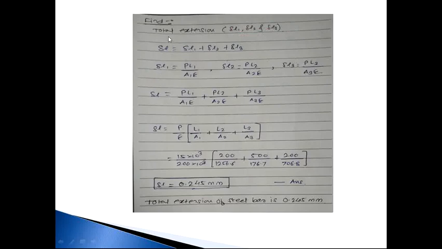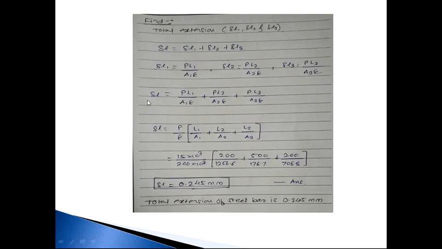Now I want to find the total extension, that is delta L. So I want to find delta L1, delta L2 and delta L3 for the total extension. So delta L is equal to delta L1 plus delta L2 plus delta L3, and we know the equation for delta L is PL upon AE. Delta L1 is PL1 upon A1E, delta L2 is PL2 upon A2E, delta L3 is PL3 upon A3E.